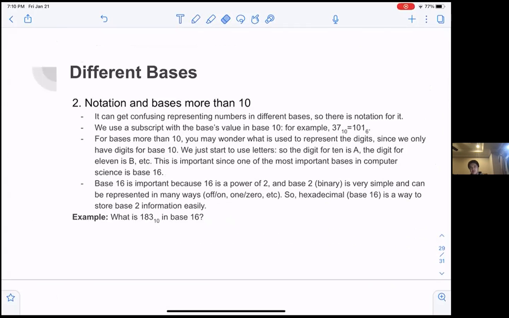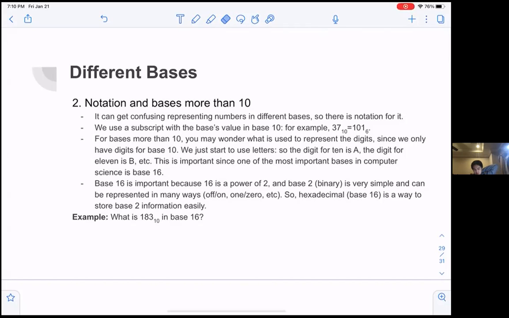So we were talking earlier about notation and what valid digits there would be for numbers that are, I don't know, more than 10, right? There's notation for representing numbers in different bases. We use a subscript with the base value, as you've been seeing me doing.